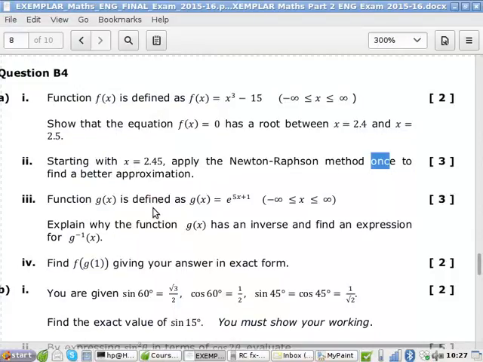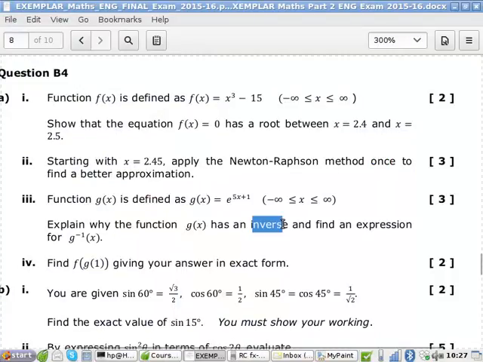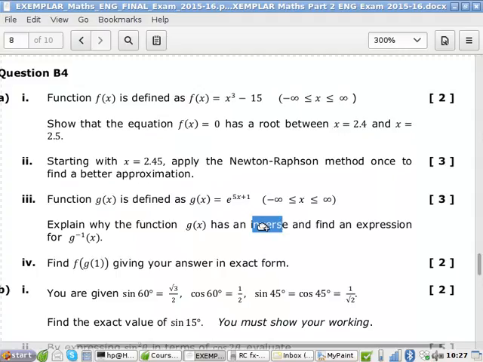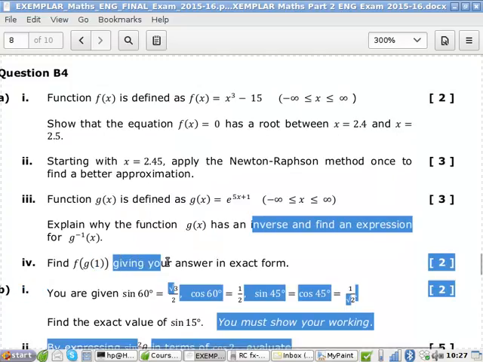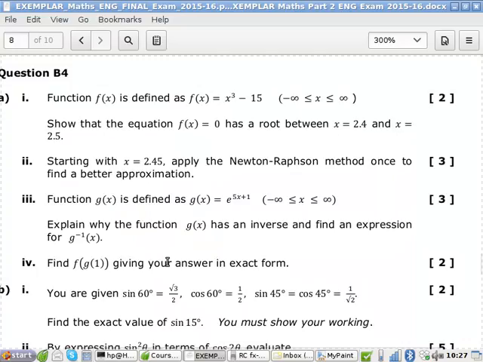And then part 3 is functions, where you have to find the inverse. And then part 4 is f of g of 1, the composition. Right, start with just part 1 and 2. Well, you definitely can do 1, because you just have to sub in the 2 values. And we see if you remember Newton-Raphson then in a moment.